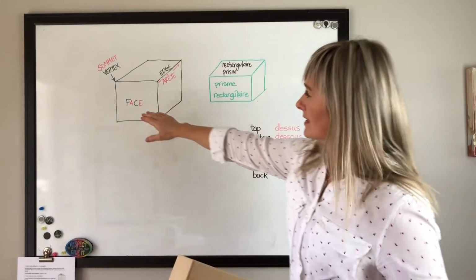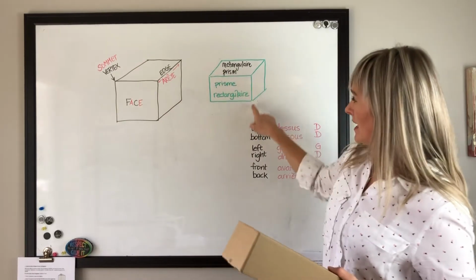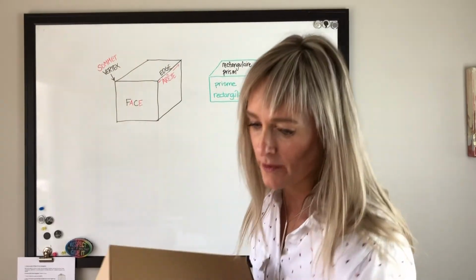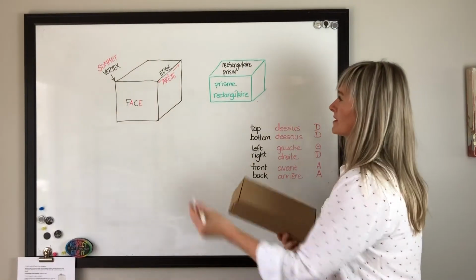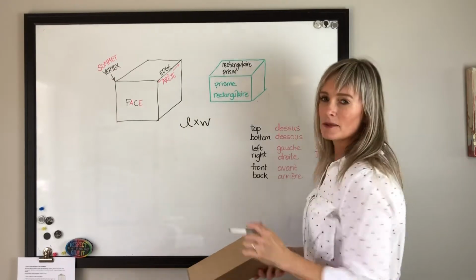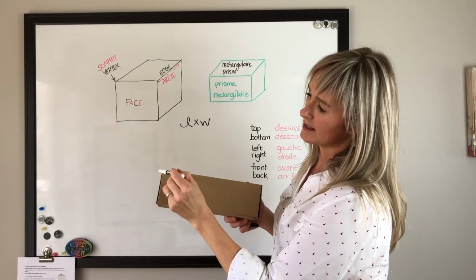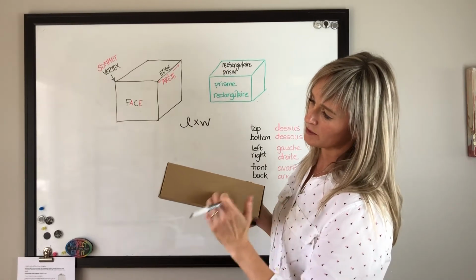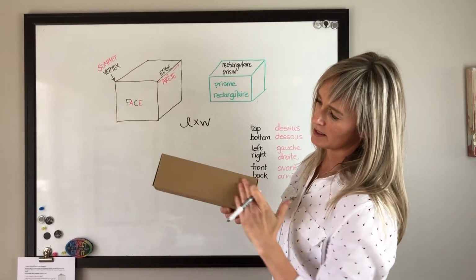So when we're looking at a rectangular face like this, how do we find the area? Well, you'll remember from past math lessons that we would take a length times a width. And that's not something you have to memorize, because we know area means how far do we go from here and how far do we go from here, and when we multiply those together, we get an area right here.